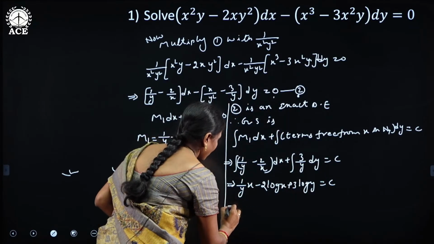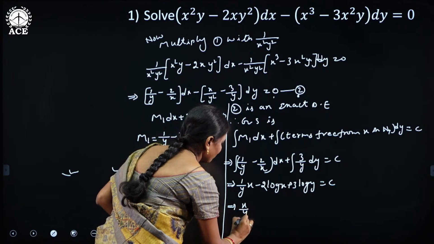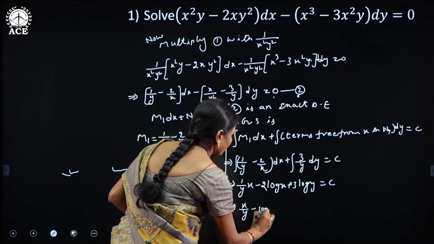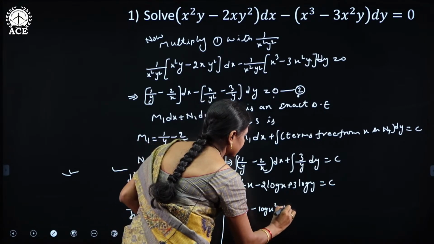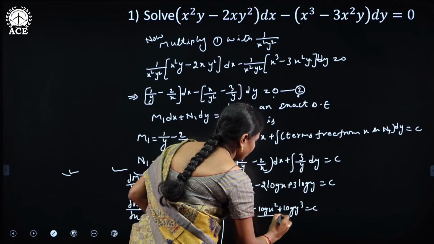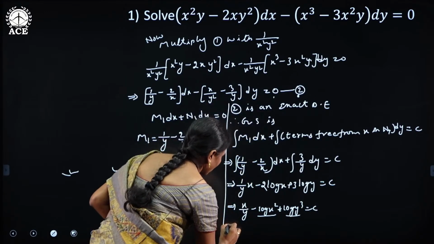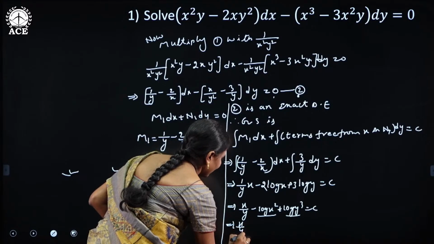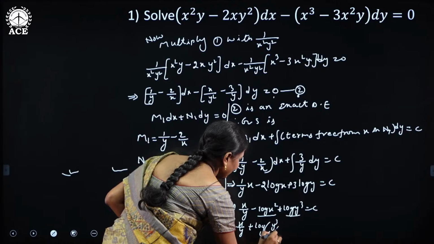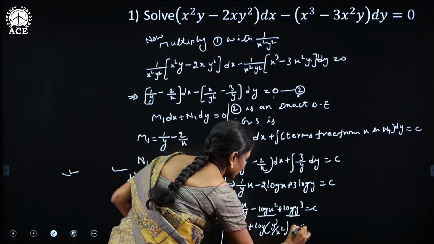Rewrite this equation. That implies x by y minus log of x square plus log of y cube is equal to c. Using these two log terms, how do we write it? x by y plus log of y cube by x square is equal to c.